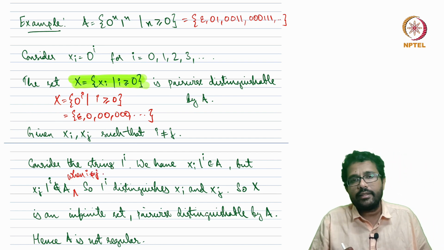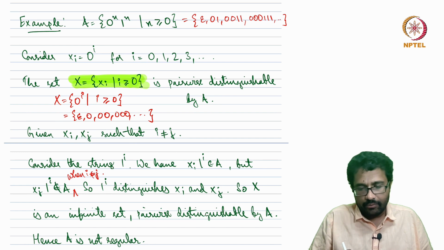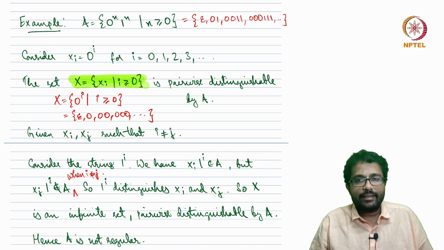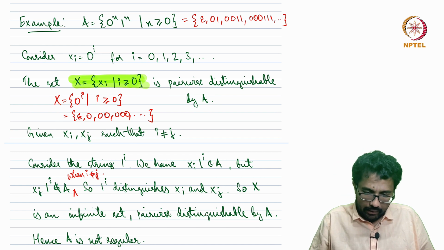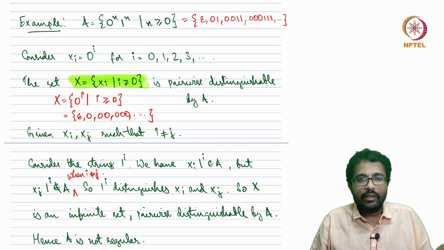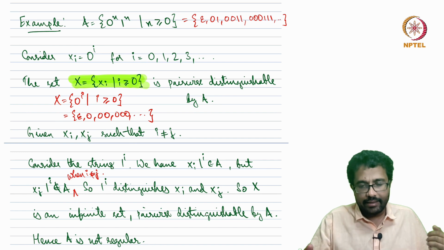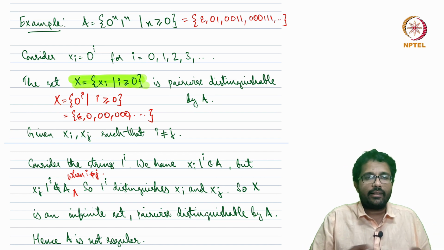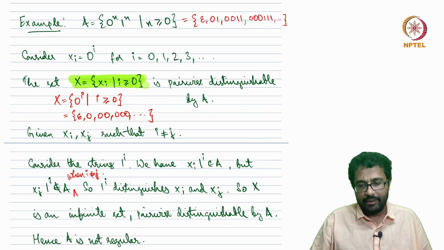Hence 1 power i distinguishes xi and xj. So if you take any xi and xj, 1 power i will distinguish them. Hence all the strings in the set X are pairwise distinguishable.